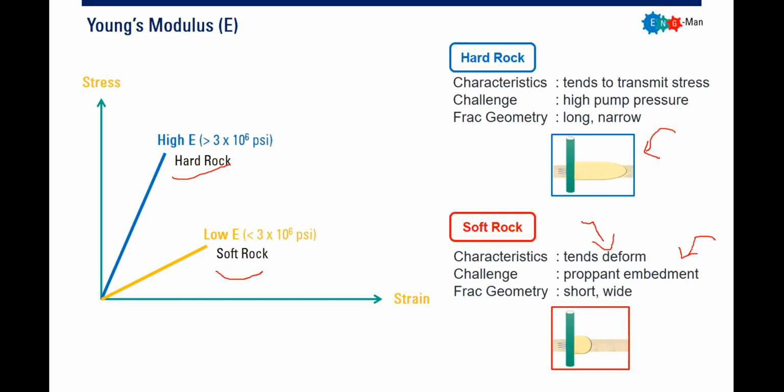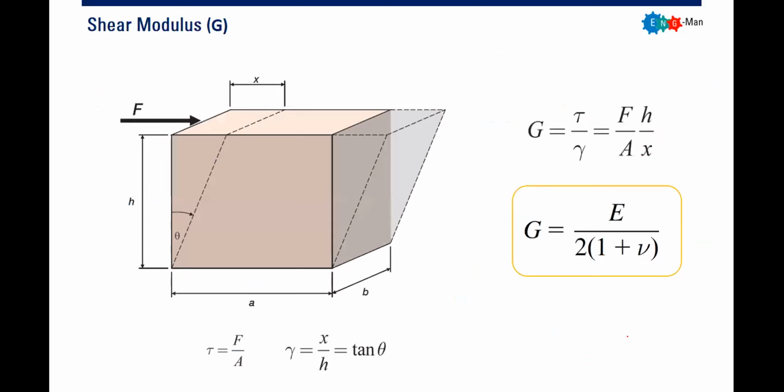It's like the reservoir will swallow the proppant. The reservoir may even swallow the fracture itself. That will happen if you have soft rock. And for the fracture geometry, usually we will have a short but wide fracture. So you can distinguish between hard rock and soft rock based on their Young's modulus.